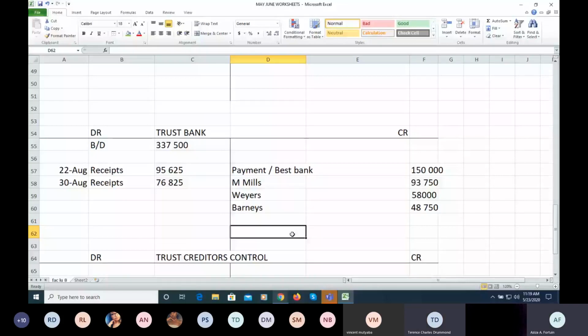I find the journal easier. That's the proper way, because then you post it through from the journal to the ledgers. And the other people, how do they feel? Remember, Terence, you did accounting before, no? At school. I don't know if that has an impact on the way you work. Anybody else, Balisa and the rest, how do you feel about the ledgers first? I'm happy with the way we are working.